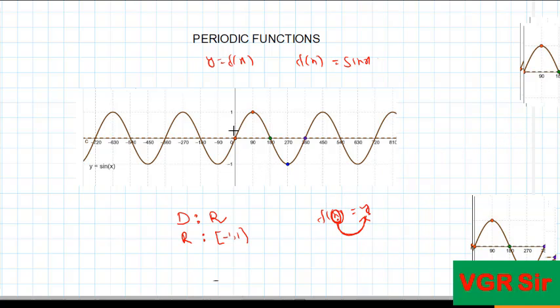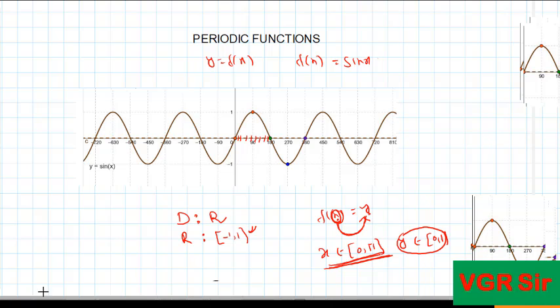For example, if you take x values from 0 to pi, your y values are from 0 to 1 only. My intention is to take a positive x interval so that your y values belong to the total range.